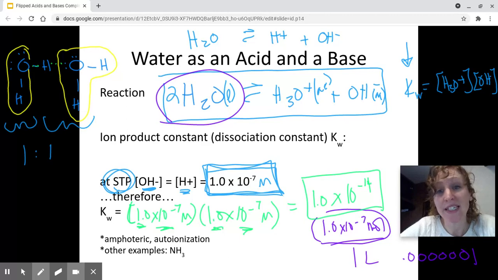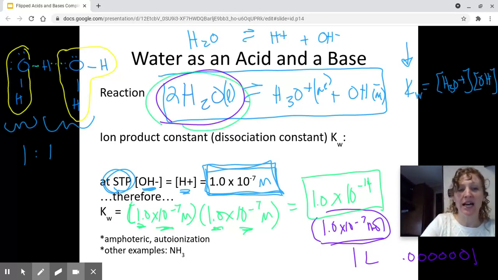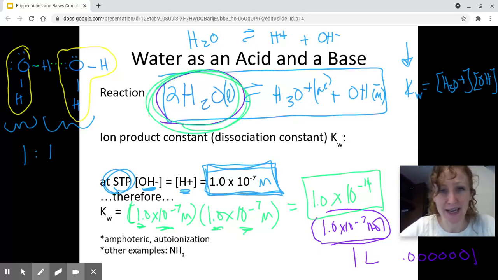So this is an extremely small K value. Where is this equilibrium going to lie? It's going to lie very, very far left, on the reactant side.